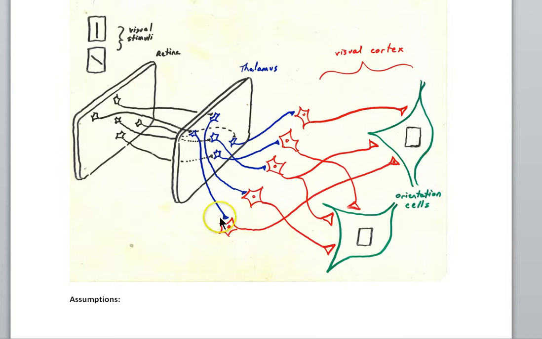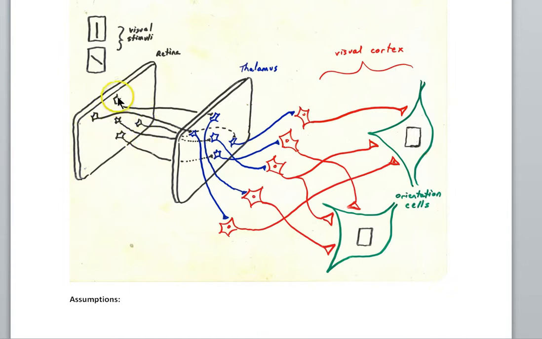Okay, so the way the system would work here is that we can think of the retina as a two-dimensional sheet. So it's flattened out here. It's really curved in your eye, but it's flattened out here to show that there is a kind of a two-dimensional layout of light-sensitive cells in your retina, right? And so they have spatial, relative spatial positions.